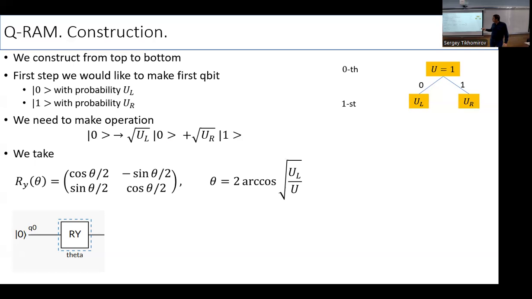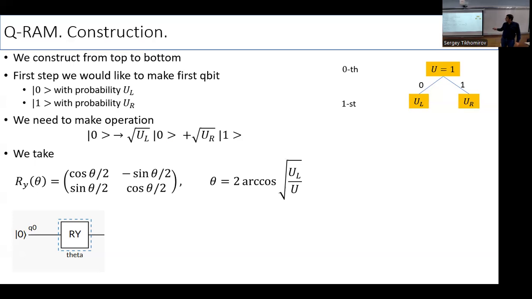It is 2 arccosine of square root of UL divided by U. Up to now, it is a useless idea to write U because it's equal to 1, but later we will repeat a similar procedure with other nodes, and there U will not necessarily be equal to 1. So we start our scheme with rotation Y with the parameter theta calculated by these terms.